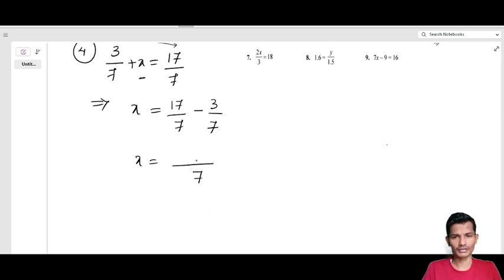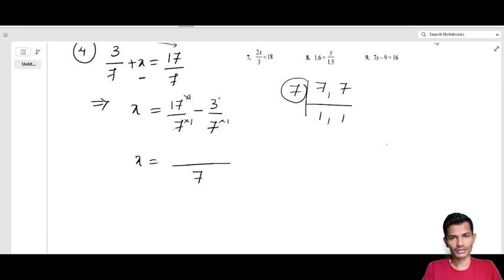If you are confused about how I am writing this 7, check the LCM, that is 7 comma 7. 7 is divisible by 7, and what we are left with is 7 only, so I am writing 7. 7 is the multiple of 1 times 7, so I am multiplying here by 1, and here also 7 times 1, therefore I am multiplying the numerator by 1 only.